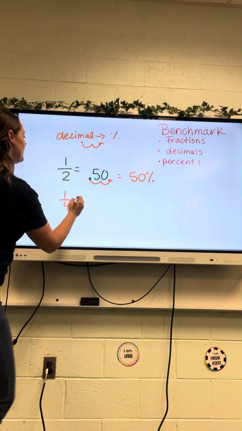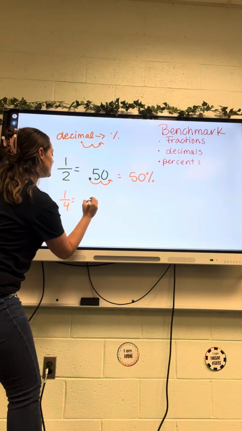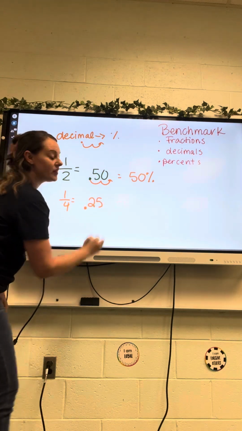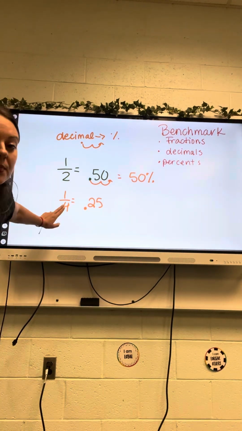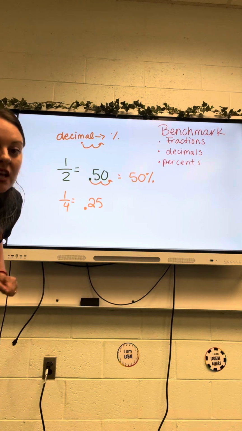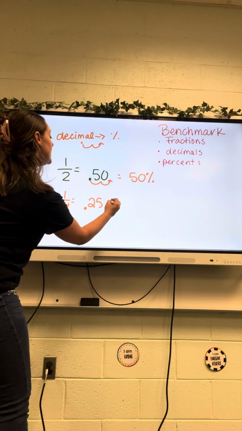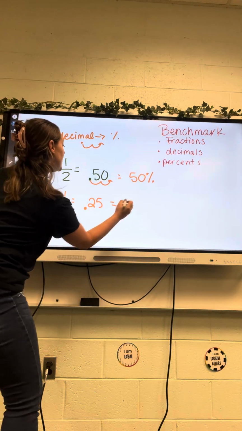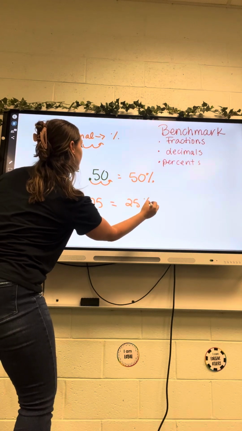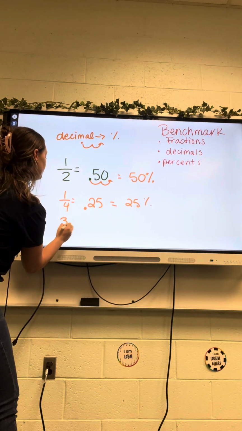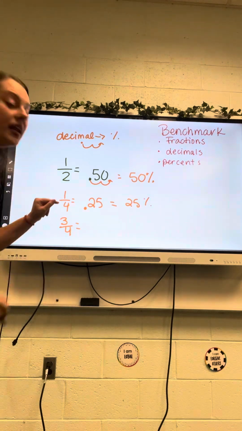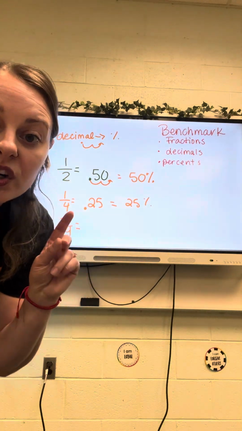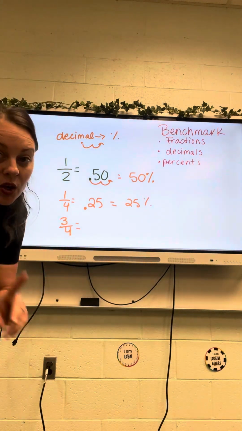So your decimal is 0.25. A quarter in money terms means 25 cents, right? So if I wanted to turn that into a percent, I would move the decimal twice and it would be 25%.